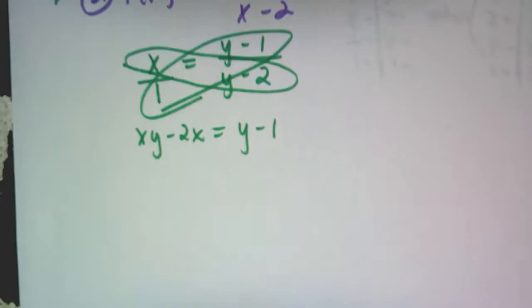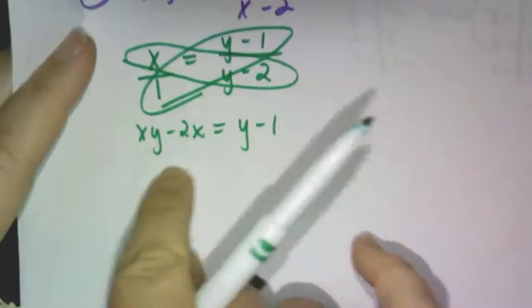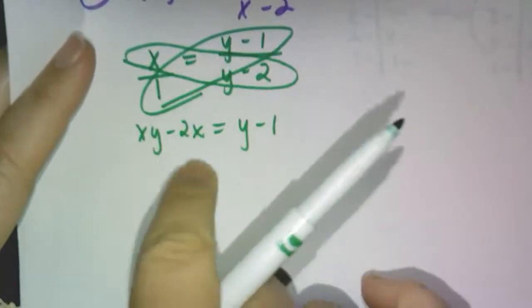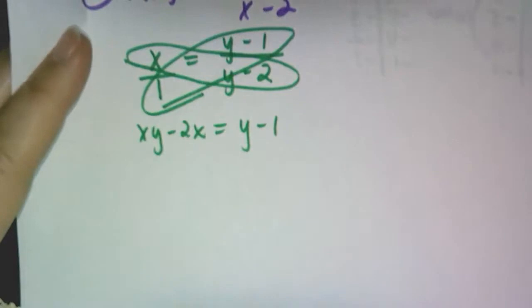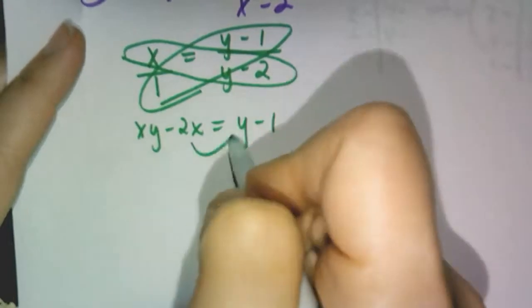If I had x's on either side, like 2x plus 7 equals 3x plus 5, your teacher told you to do what? Subtract. You would combine like terms. Brian, you are on the right track. You would combine your like terms onto one side and bring everything else over to the other, correct? So we are going to bring all our y's on one side and all our x's and numbers to the other side. Bring everything else that doesn't have a y in it to one side. So really, doesn't that mean you just switch these two?